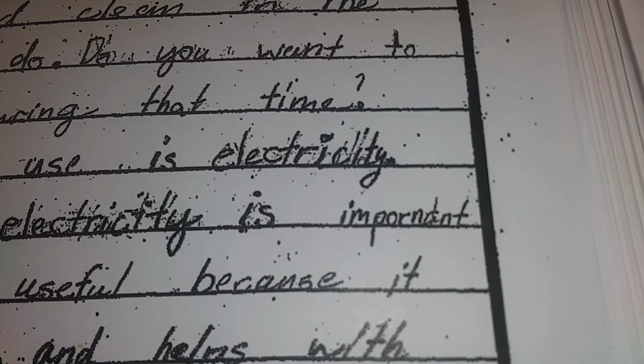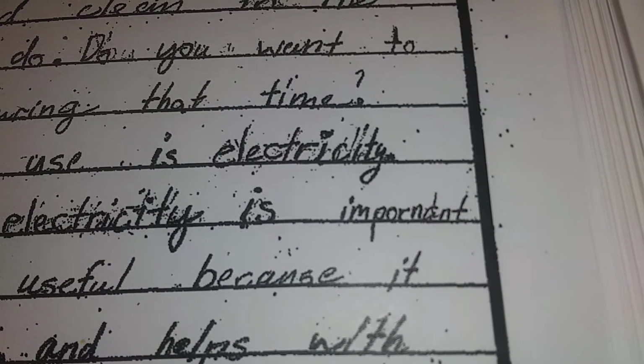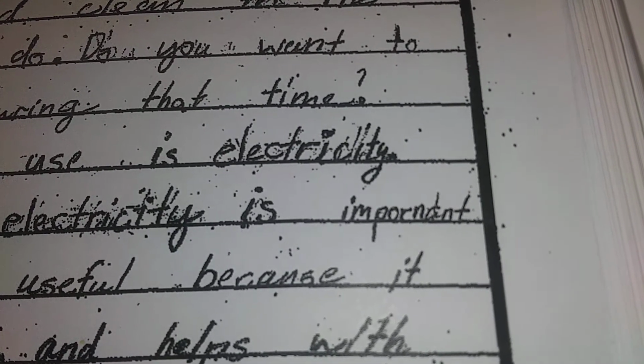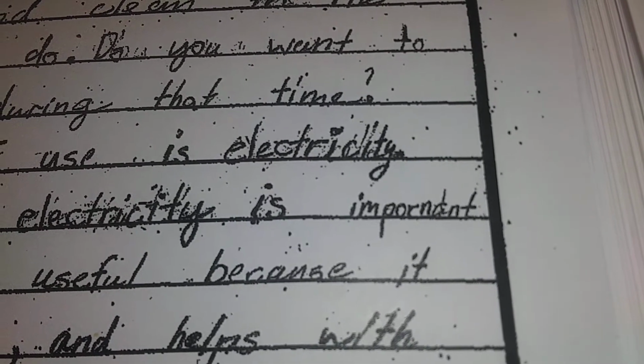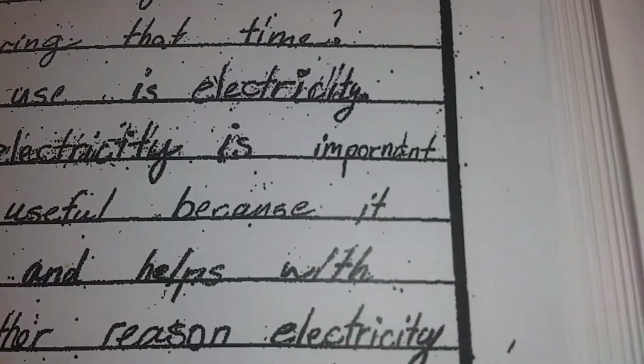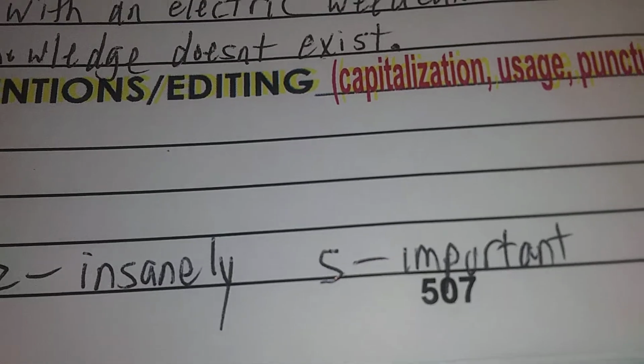That T and the A have to be in two different places, not in the same place. And there's only one N in important, not two. So it would just be them taking a picture of the correct version of the word and practicing it.